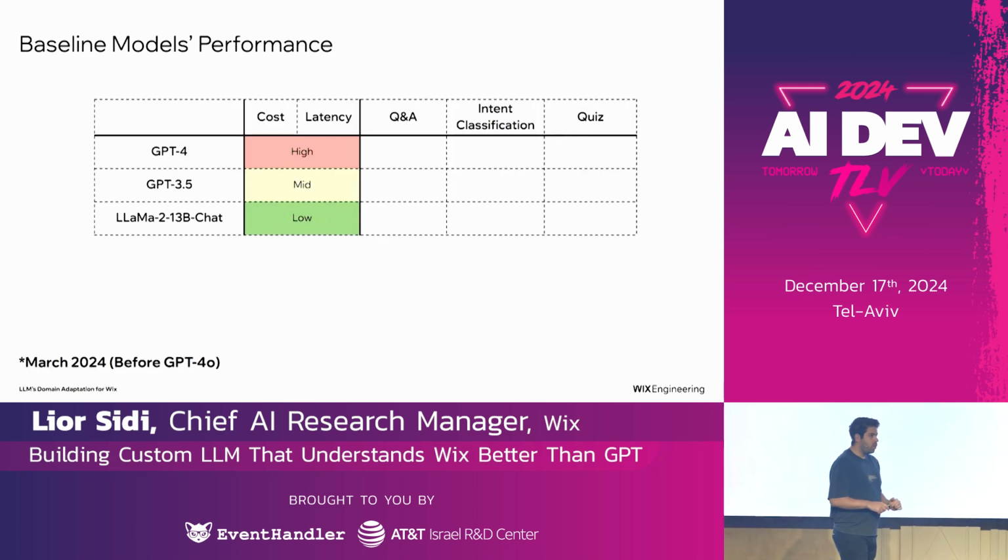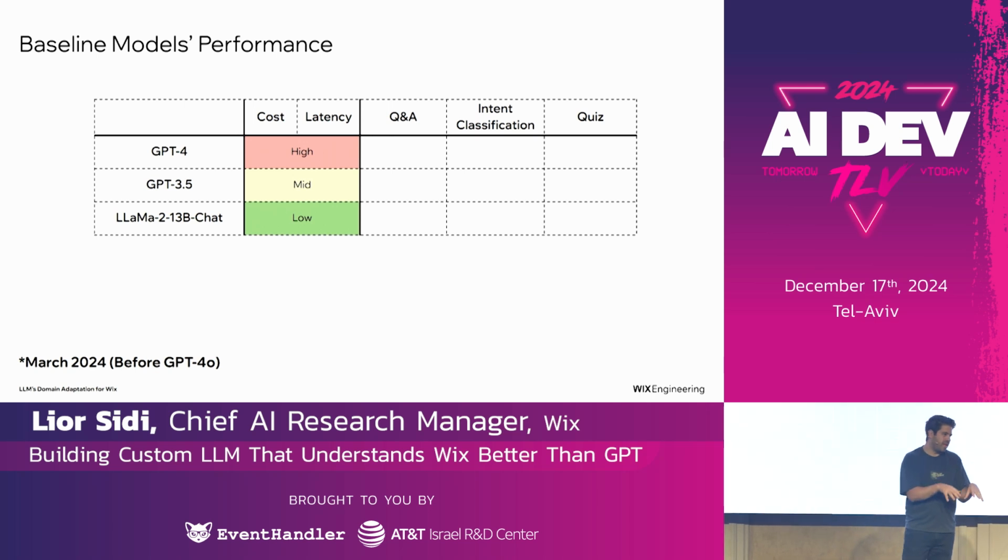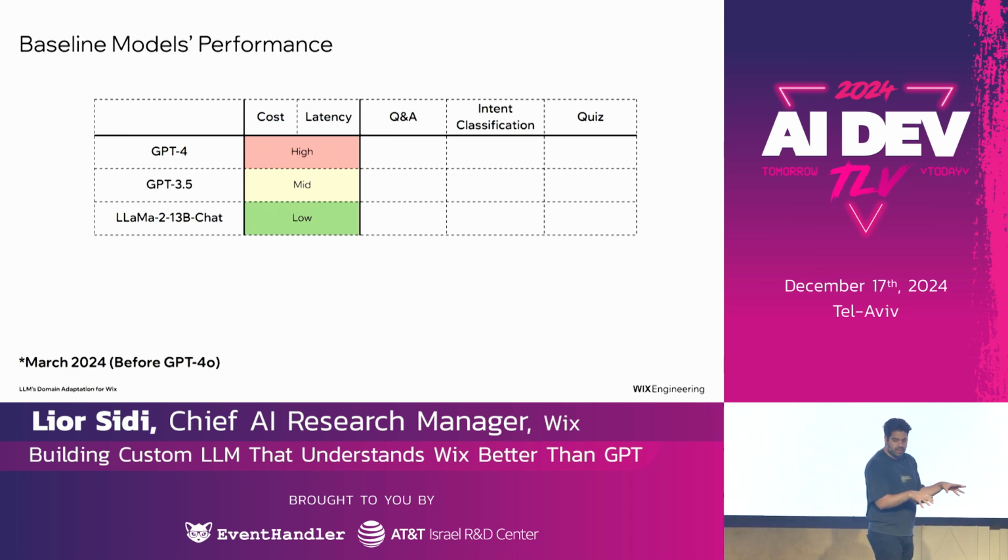Cool. So now that we have the evaluation process, the first thing that we are doing is estimating the performance of today's base models: GPT-4, GPT-3.5, and Llama 2.